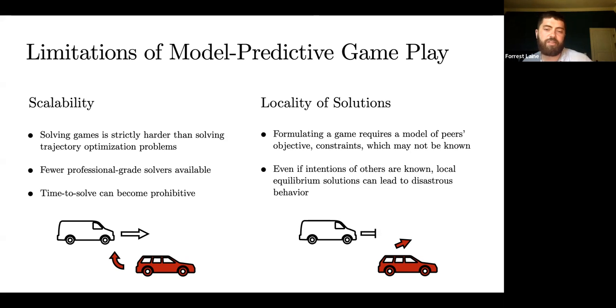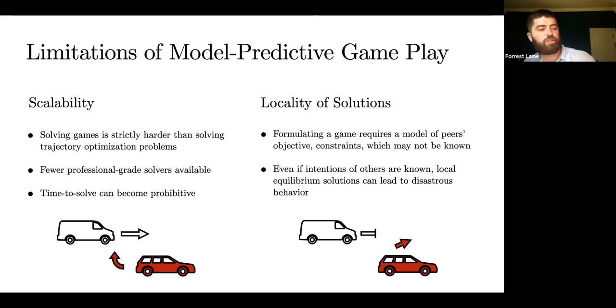So basically, you can have this clash of behaviors, where if the two vehicles were synced up and aligned with what they were both going to do, it would be no problem. But because they're decentralized in their decision making, you can get into these disastrous behaviors where, for example, the self-driving car is overly confident about the actions of the other car.